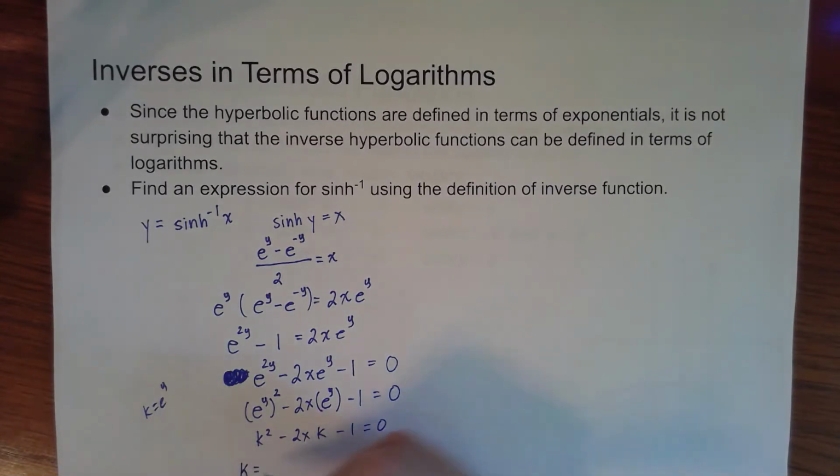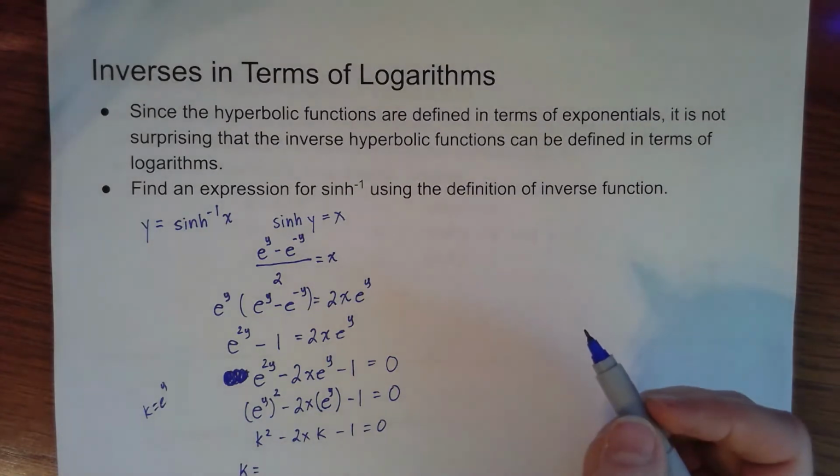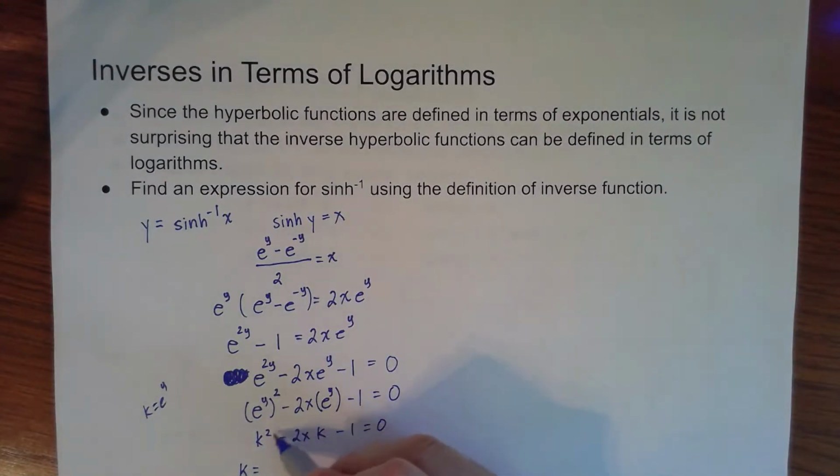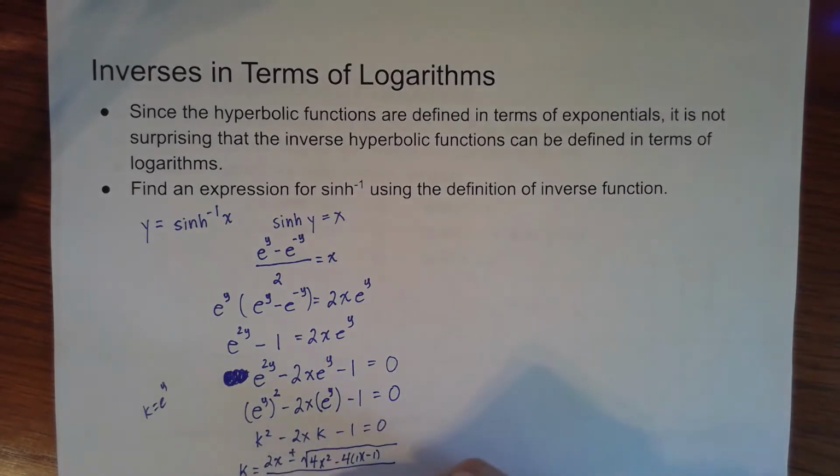So k is going to be negative b, so that's the coefficient here, so that would be 2x plus or minus the square root of b squared, so that's going to be 4x squared minus 4 times a, which is 1, times c, which is negative 1, all over 2a, over 2 times 1.